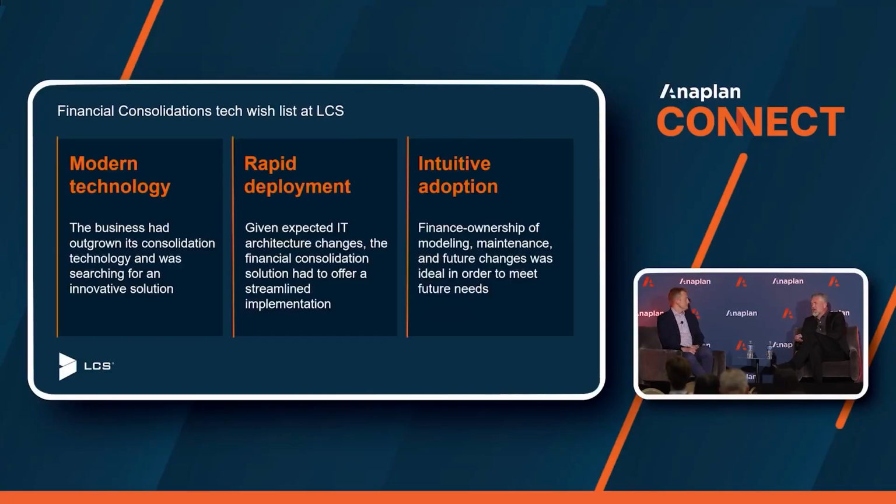So modern technology, speedy deployment, and ease of use, finance owned. Yeah, and that third one has been the biggest big ticket item for me. This ability of people to get into Anaplan Excel and answer their own variance questions or build their own reports. The SmartView side was a great Excel add-on.